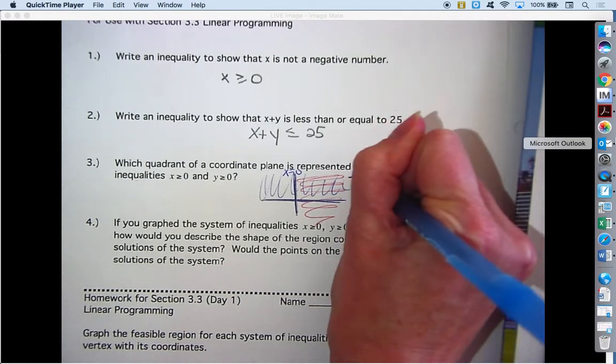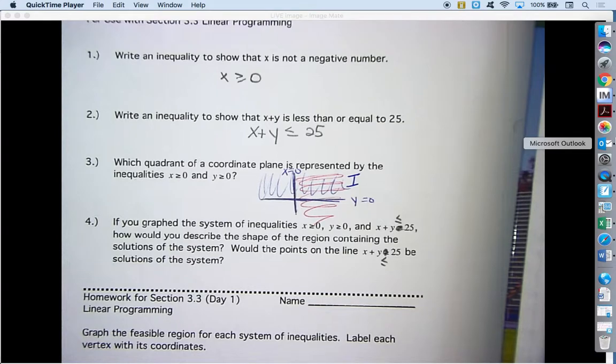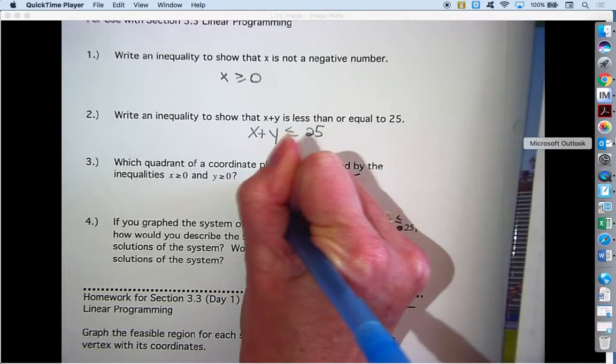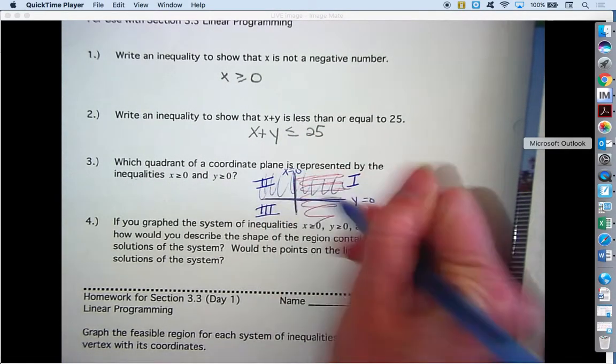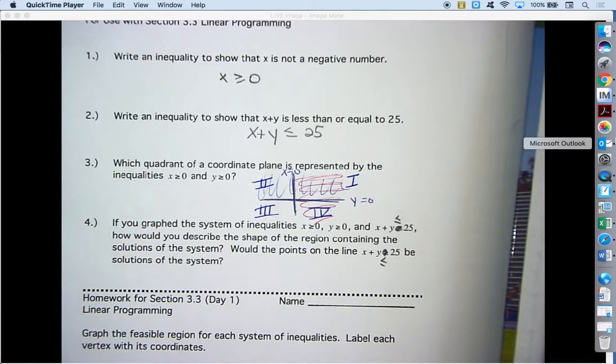Remember, when you're talking about your quadrants, 1, 2, 3, and 4. When these graphs were created, they were created with Roman numerals. So no, you don't have to use Roman numerals, but that is actually how they were created.